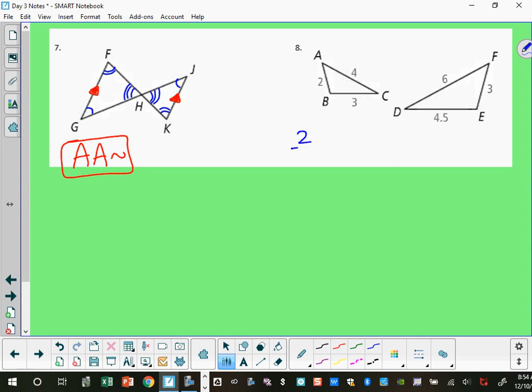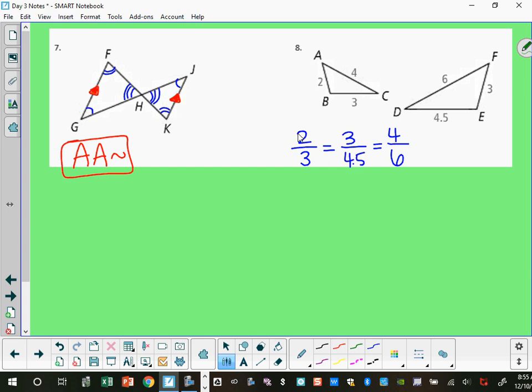Two matches up with what? 3. 3 matches up with 4.5, and 4 matches up with. So let's simplify these numbers, what do we get? 2 over 3.